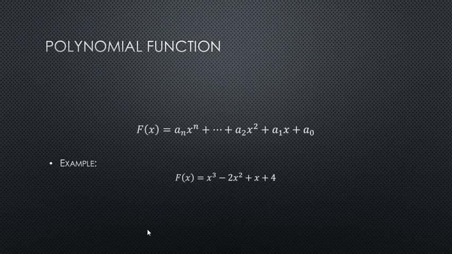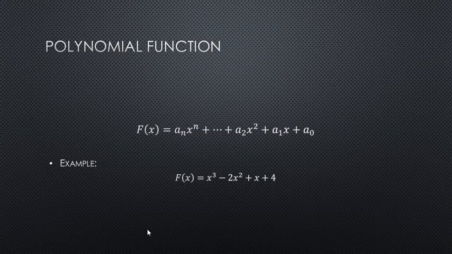Okay, a polynomial function consists of powers of x multiplied by constants and added together. A general polynomial can have terms such as x squared, x cubed, and higher powers.